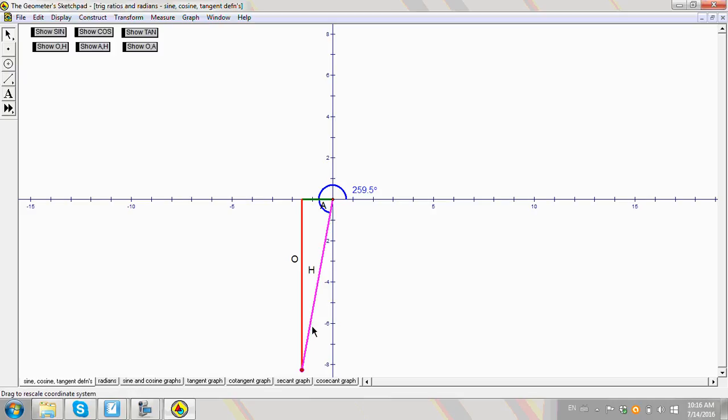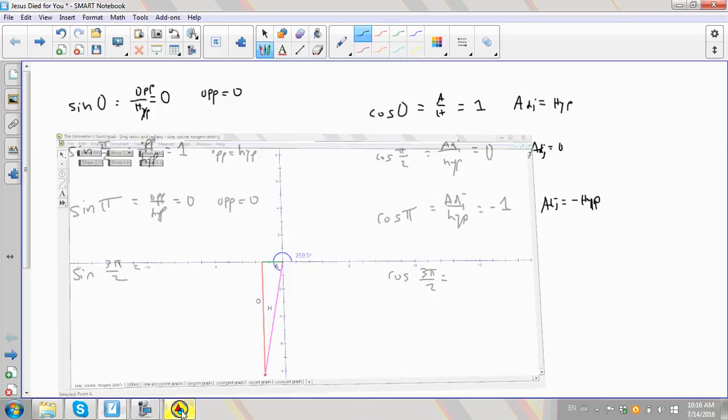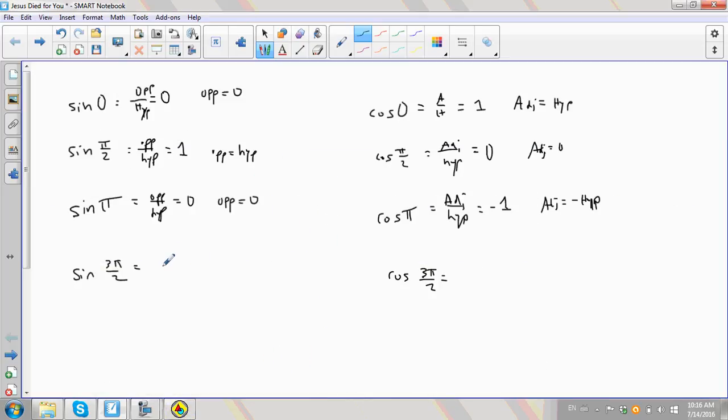So O and H are opposites. Same magnitude, but opposite signs. So we've got opposite equaling the opposite of the hypotenuse. So that means that opposite over hypotenuse will equal -1.